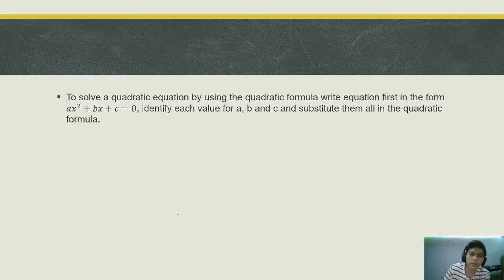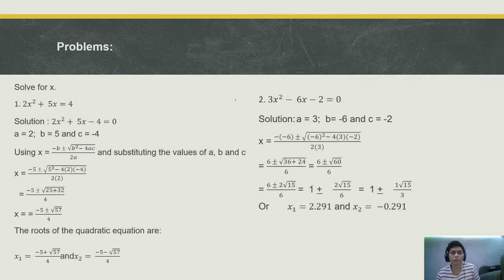So to solve a quadratic equation by using the quadratic formula, write the equation first in the form ax² + bx + c equal to 0 and identify the values of a, b, and c. And substitute them all in the quadratic formula. So again, by using the quadratic formula, x is equal to negative b.